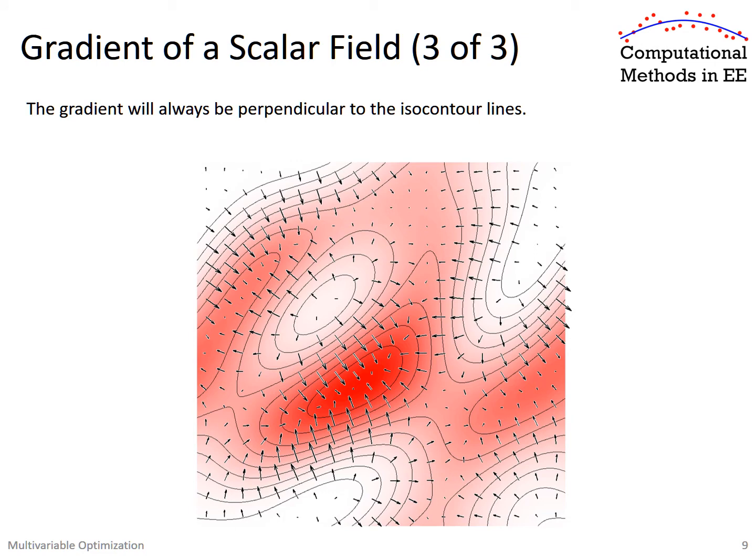We can then also draw our isocontour lines on this. So we're looking at a bunch of stuff at the same time. The red in the background is the original scalar field. The arrows are the vector field, which is the gradient of that scalar field. And then the isocontour lines of the scalar field. So one thing we'll notice here is those arrows, the gradient, is always perpendicular to those isocontour lines.